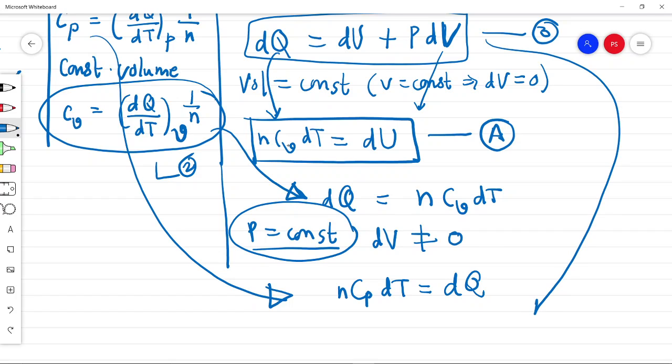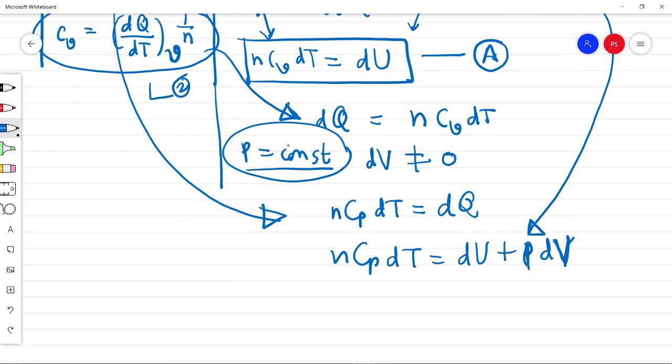So here in equation number 3, we get n Cp dT is equal to dU plus PdV. Now this second term is of course not 0 because dV is allowed to change and P is just a constant. Call this equation B.